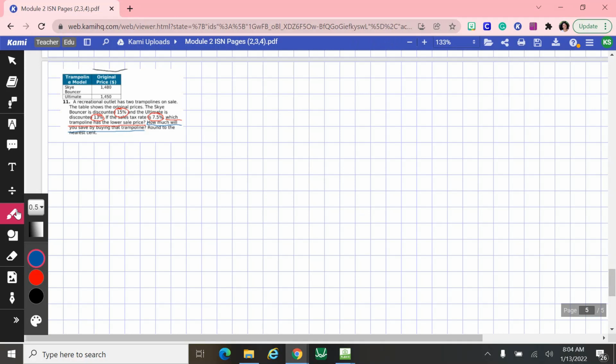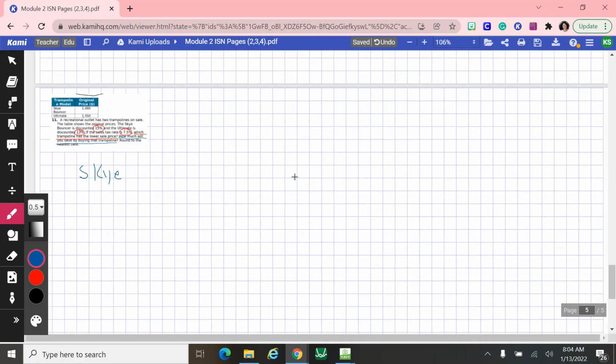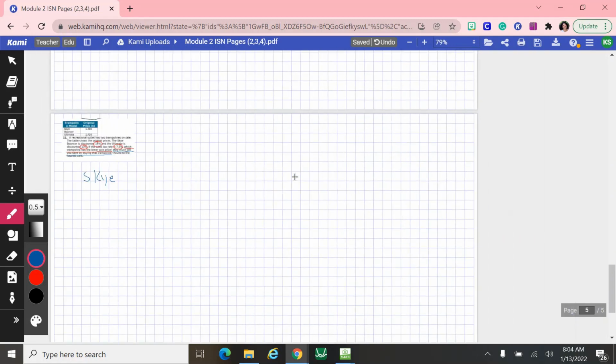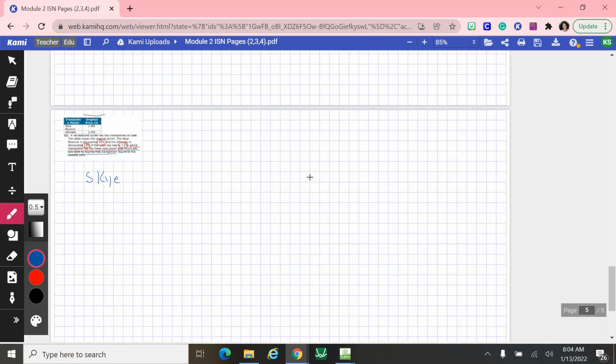So we are making a comparison. We are comparing Sky Bouncer to Ultimate. So maybe I would do something like this. Sky, and I want to use my space wisely here. And maybe over on the right hand side I would write Ultimate.